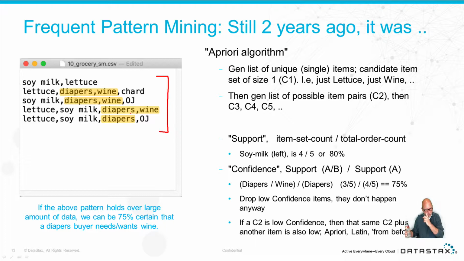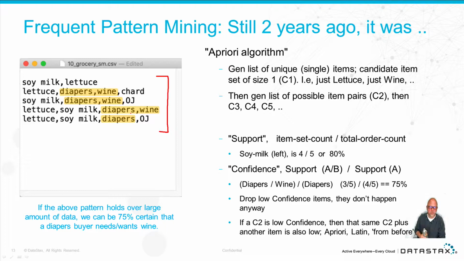If in the entire history of Home Depot, I've only sold 2 chainsaws, why am I going to recommend selling you a chainsaw if you come in and buy whatever it is you buy at Home Depot? So on a low confidence, these events happen with such infrequency that I'm not going to continue to carry the weight of them in my database or in calculation, which explains the term a priori.